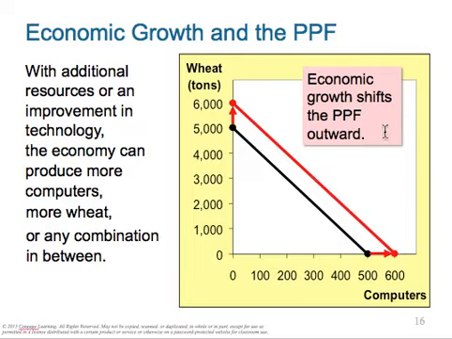Here we see an equal shift of the production possibilities outward. It's quite possible that only one could shift and the other stay the same, but here we're seeing what looks to be a proportional shift.